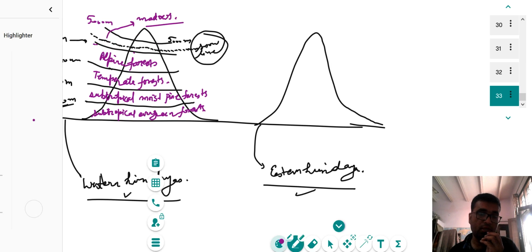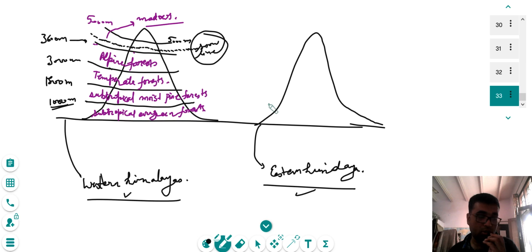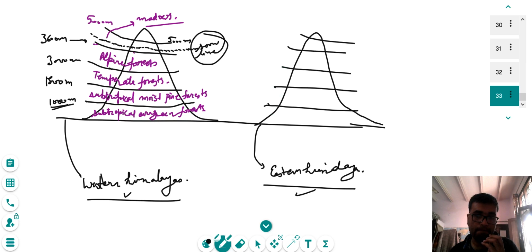Similarly, let us divide the Eastern Himalayas in the same zones. This is 1000 meters, this is 2000 meters, this is 3000 meters.